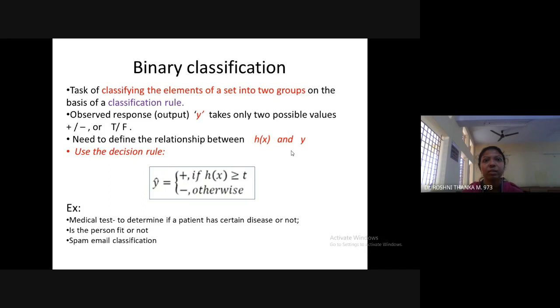Here the output can be a true or positive value, or a false or negative value, and we can represent it in this way. Examples are a medical test, whether a particular person has a particular disease or not, and so on.